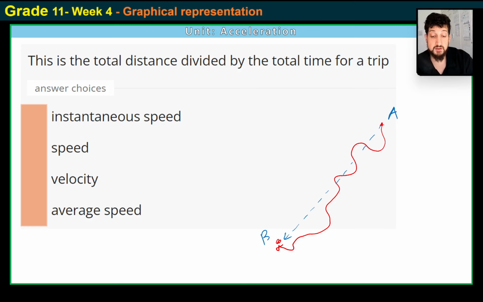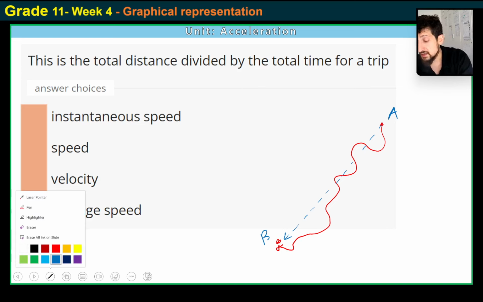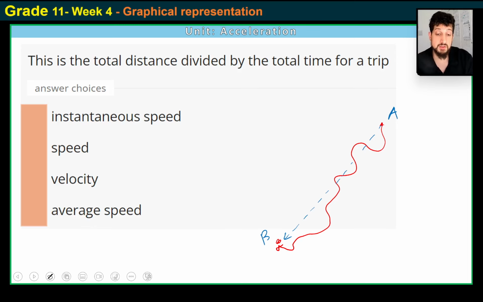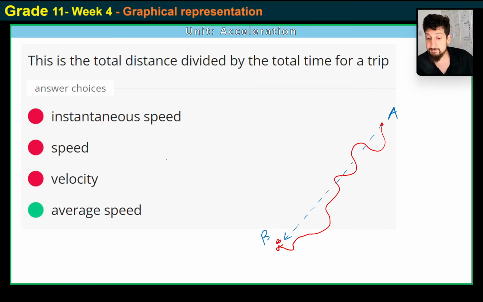Average speed is total distance divided by total time it took. So let's say, for example, 800 kilometers and it took 10 hours. Then it's approximately 80 kilometers an hour. Either way, this is the average speed.